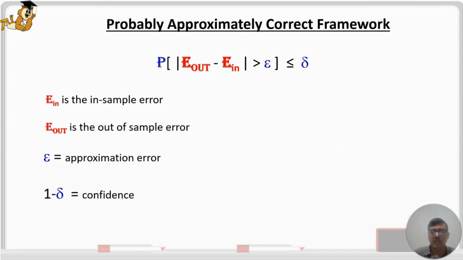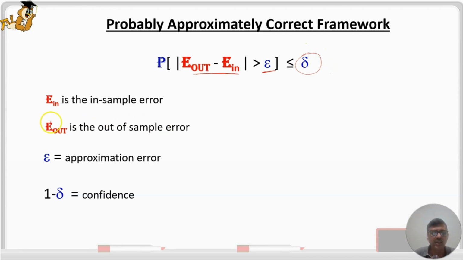So let's codify what the PAC framework is. The PAC framework says that you need to be able to ensure that the probability of the absolute difference between E out and E in being greater than a given quantity epsilon is less than a delta.